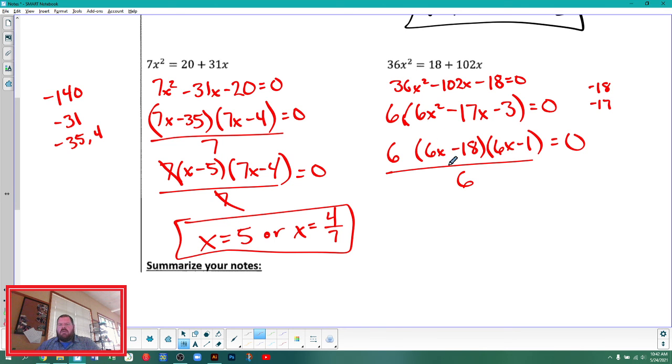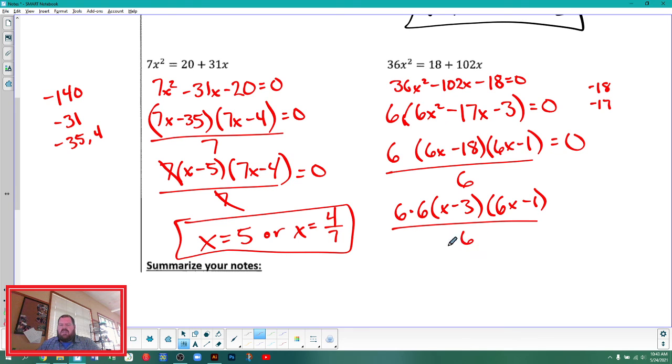It wouldn't hurt to bring this common factor of 6 out either. That's only going to make life easier. So I have 6 times 6, x minus 3. So that's the common factor between 6 and 18. You actually don't even need to pull that out if you don't want to. It's just going to make it easier to work with in the end.